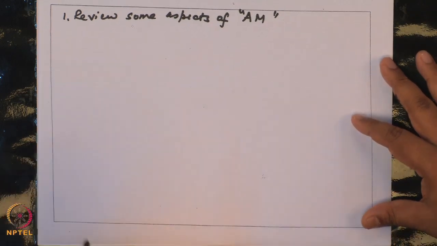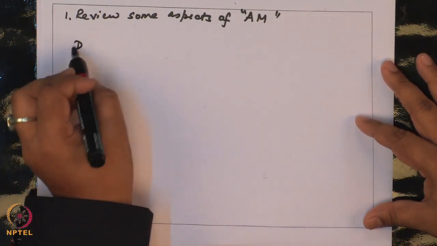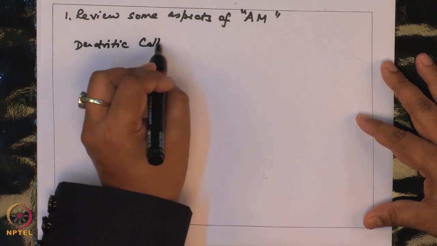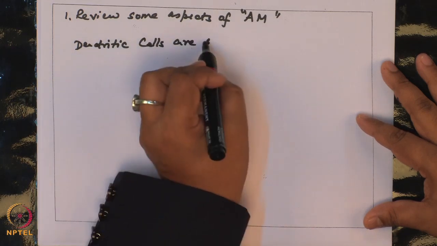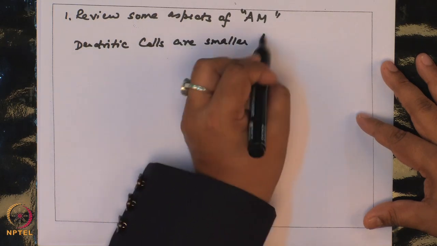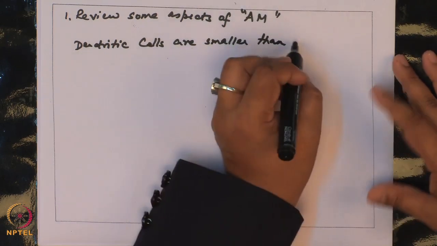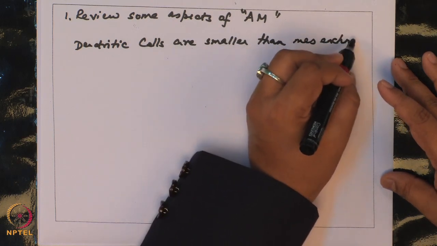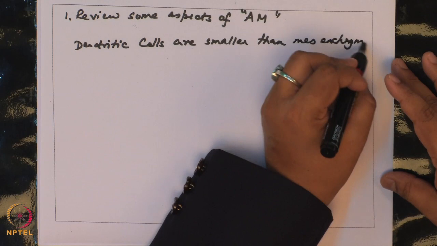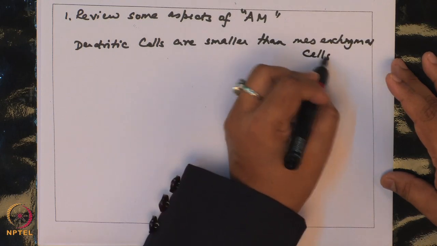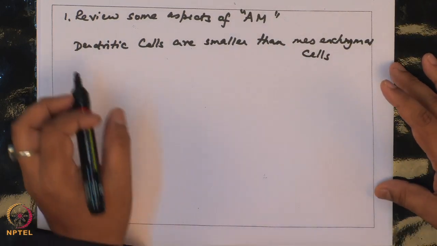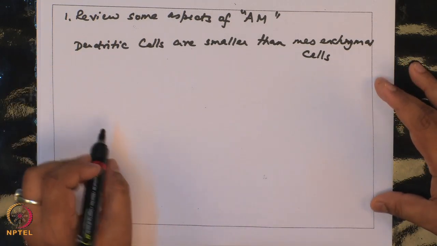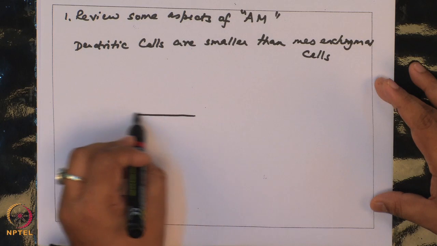Generally dendritic cells are much smaller than cells like fibroblasts, than mesenchymal cells. In the case of amoeboid cell motility, even on a 2D plane you can have 3 different types of motility.